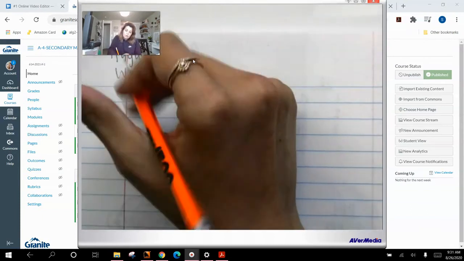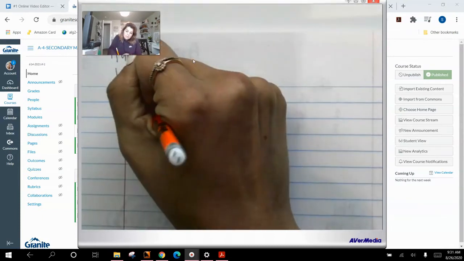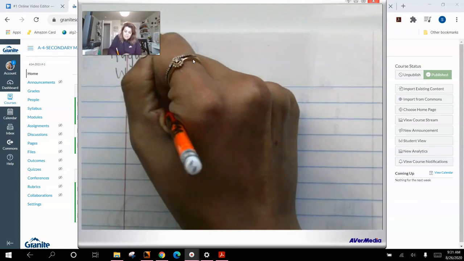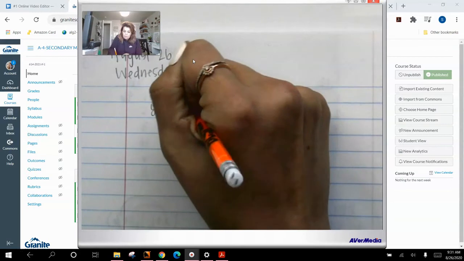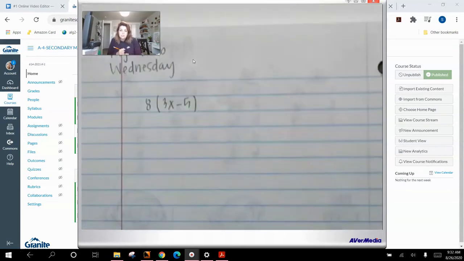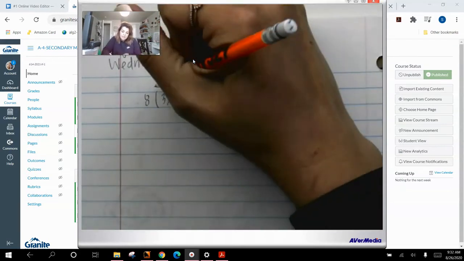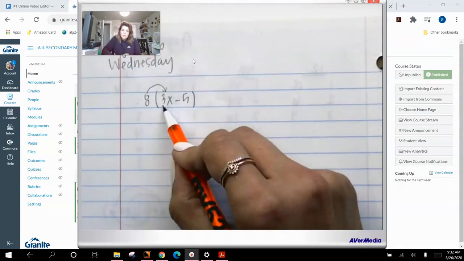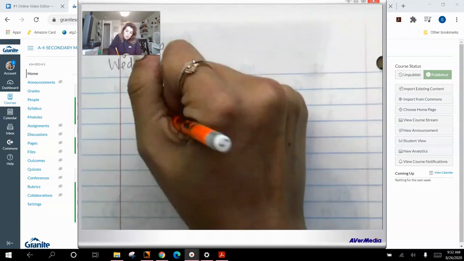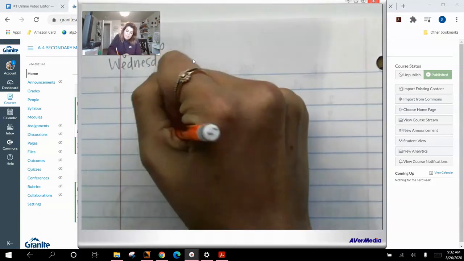We talked about how if you have a number outside of parentheses, you can multiply it into the parentheses by distributing. So we would need to take this 8 and multiply it to the first term. 8 times 3 is 24. And then you keep the x.